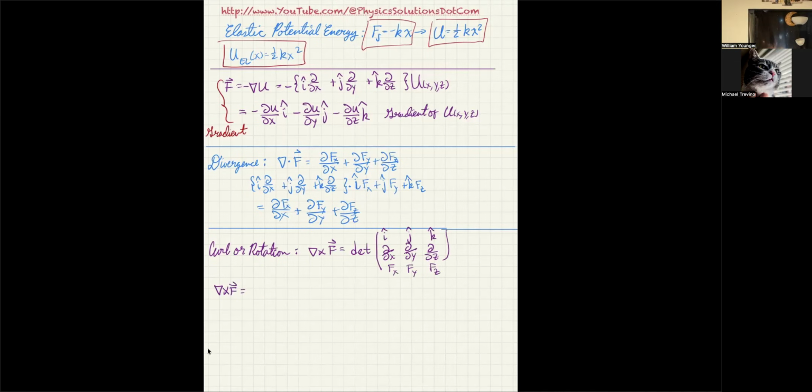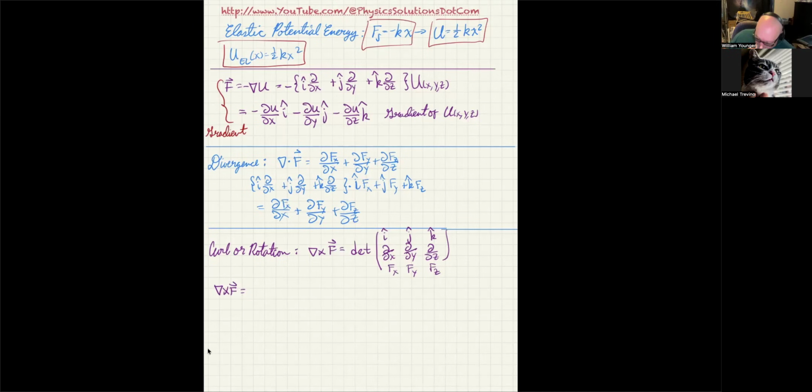And in this case, it ends up becoming del cross f is equal to, and I told you the trick before: you cover up the i hat, and that makes you cover up that column and that row, and then that leaves you a little 2 by 2 matrix in the bottom right hand corner. And since the i hat is in the 1 1 slot, it's the first row, first column, you raise -1 to the 1 plus 1 power, because that's the two subscripts on the i hat, and that means -1 to the 2 power, which is +1.